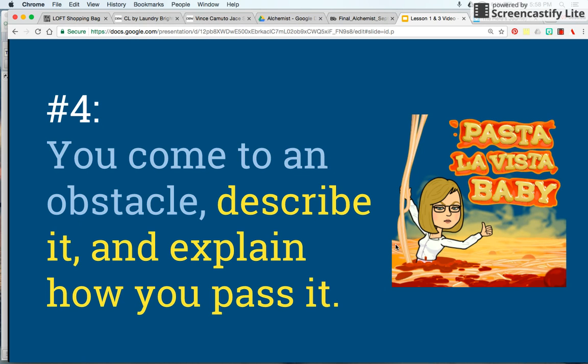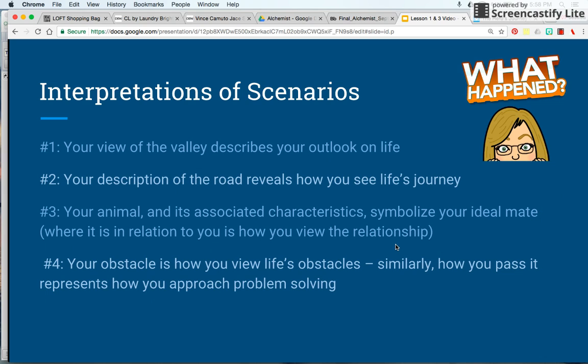Okay, time's up. Close your notebook. Here is what all of the scenarios mean.